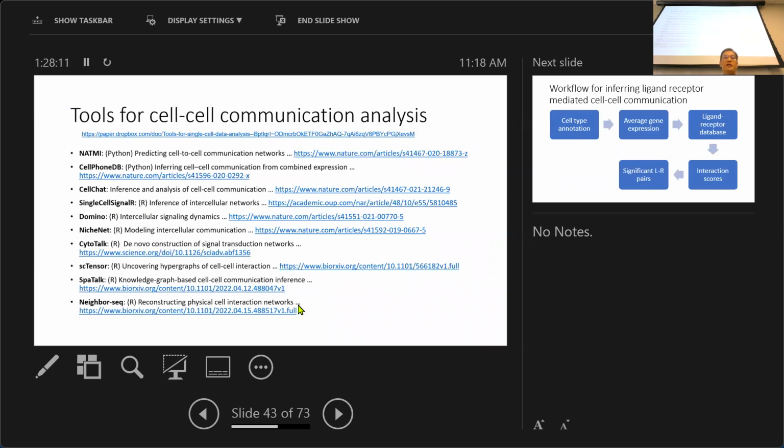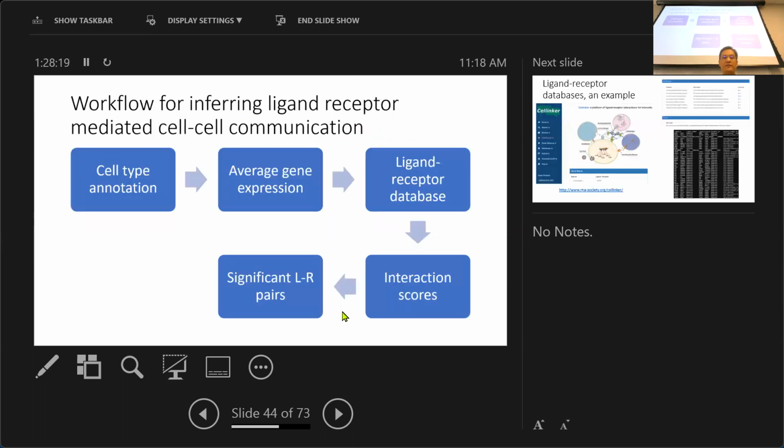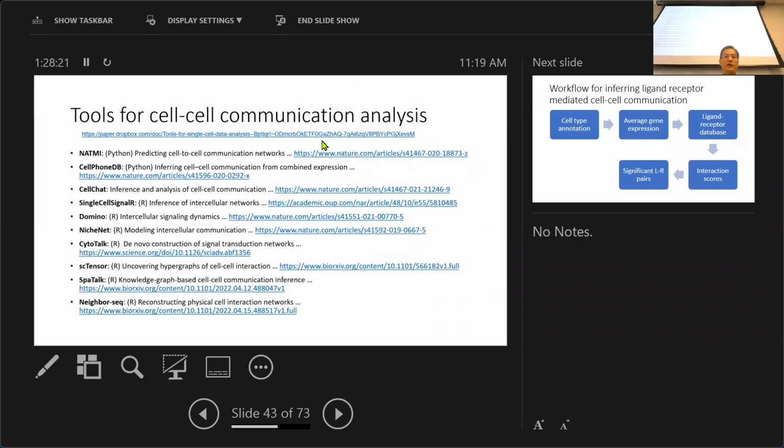Over the years, many methods have been developed and published. If you have time, you can follow the link. I collected software tools in different categories of data analysis in single cell data and put it in the Dropbox.